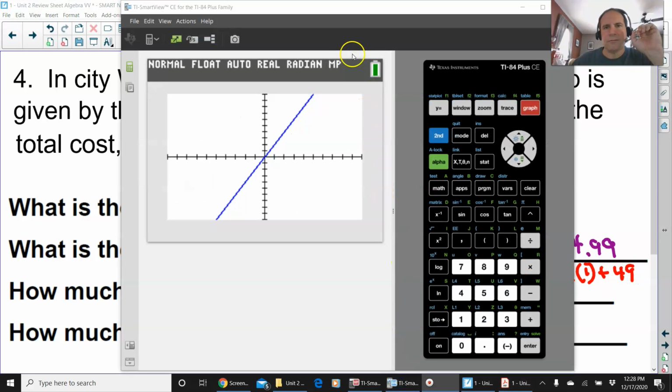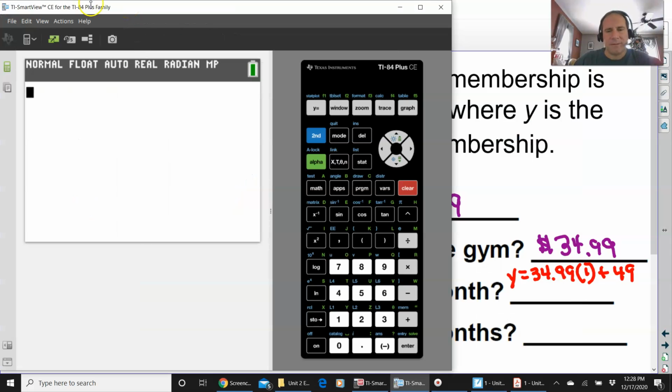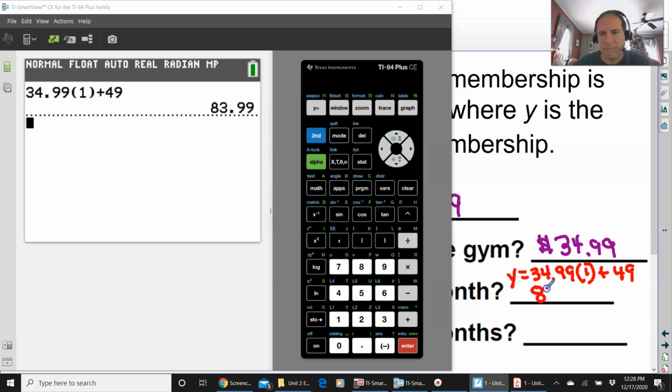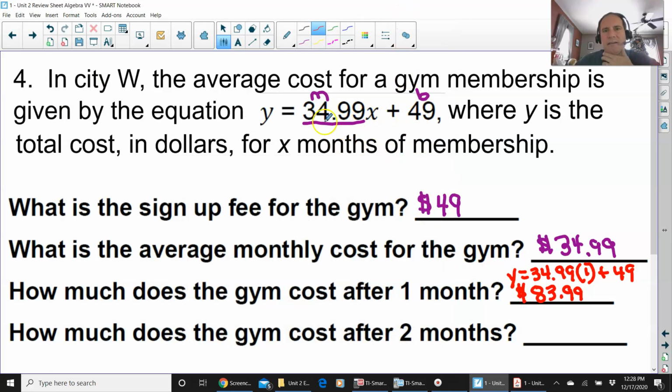We are going to bring up the calculator: $34.99 times 1 plus 49, and enter. $83.99. That's after the first month, including the first month charged and the initial fee of $49.